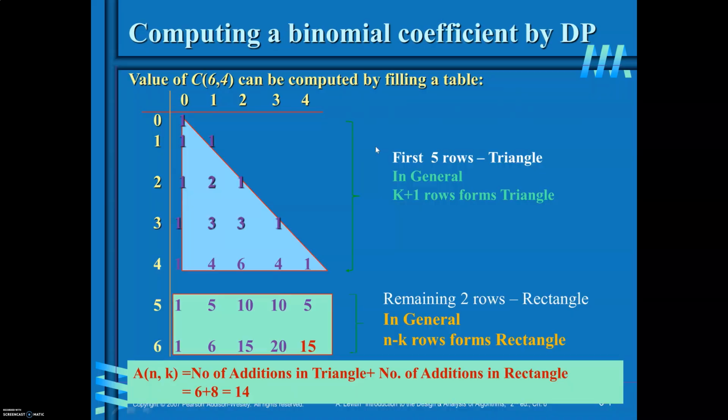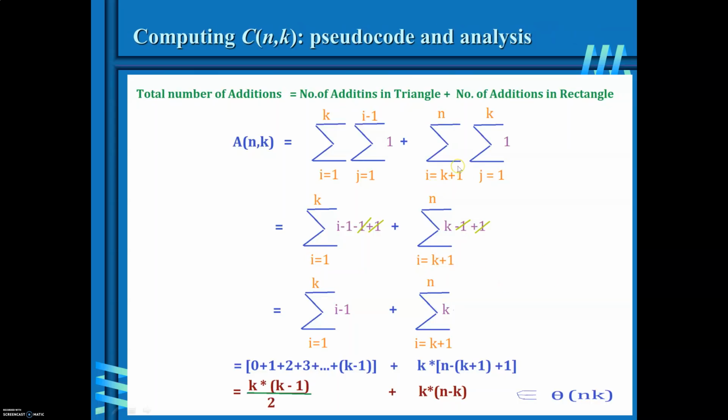We'll see in the rectangle how many additions you are carrying out. So here i is varied from k plus 1 to n and j is varied from 1 to k. Look at here, i is varied from k plus 1 to n, j from 1 to k, and in each iteration we are carrying out one addition.